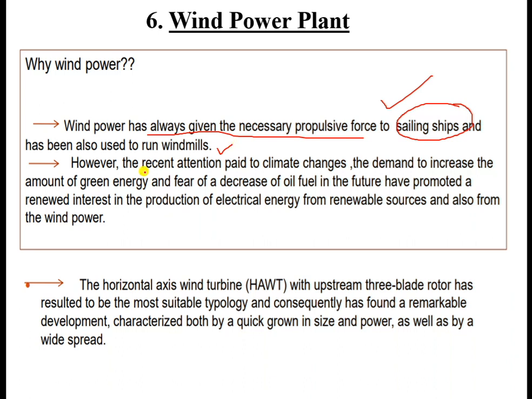One important thing is that as far as climate change is considered, the demand for green energy is increasing more and more, and therefore wind power has come into the picture.